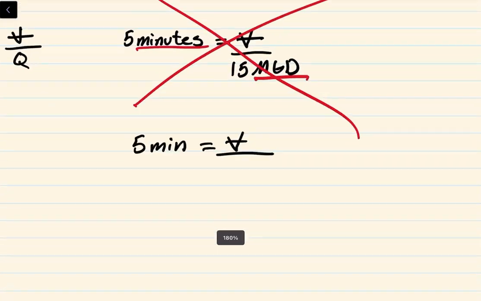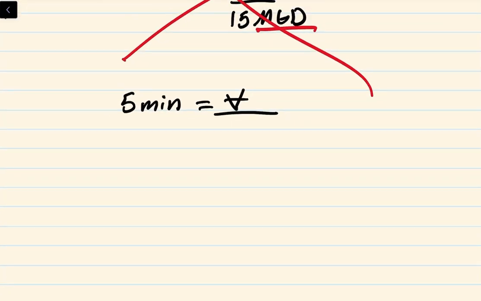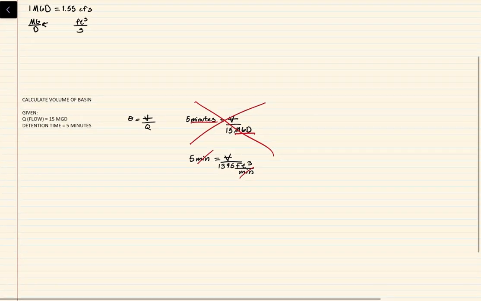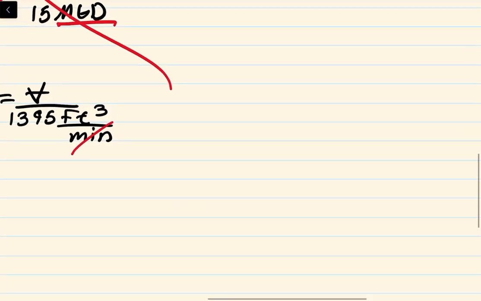So we got 1395 cubic feet per minute. Now, looking at that, minutes are going to cancel out, and we're left with feet cubed. Now, what is volume? Volume is equal to length times width times height.